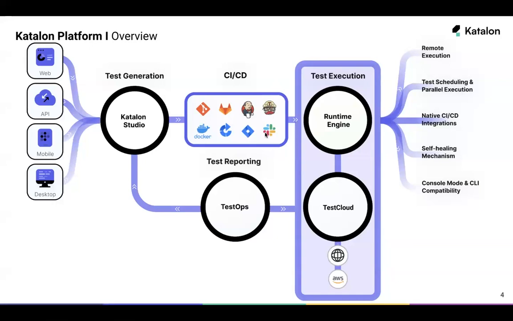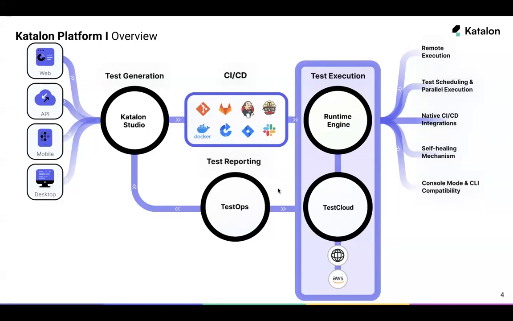Once the script is created, we can easily maintain it in any central repository. As you can see, we have all the options available in Katalon Studio to easily do the integration. Once our script reaches the central repository, you have the option to execute it either over the Katalon Runtime Engine, which helps with command line execution or pipeline CI/CD execution.